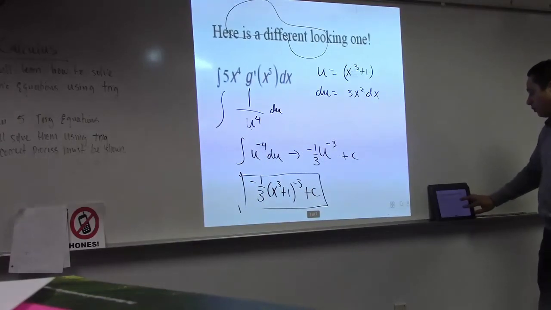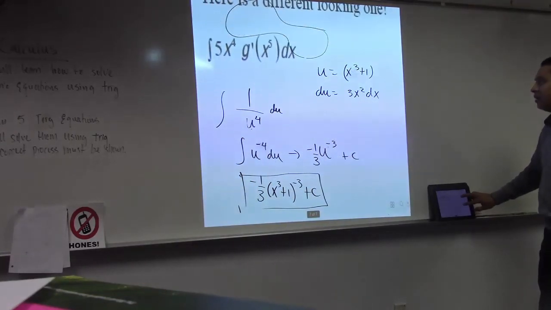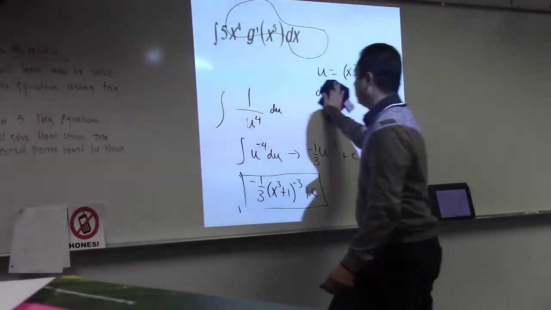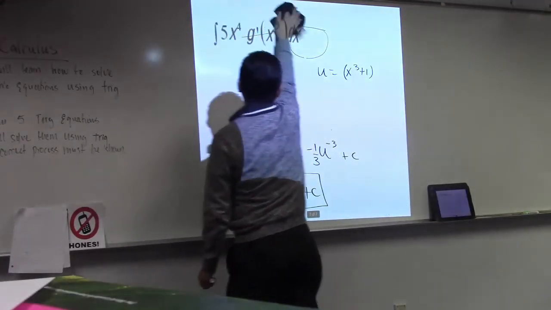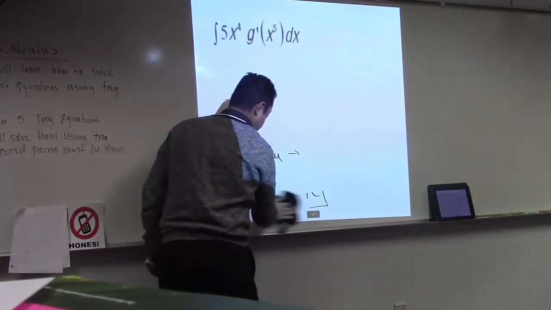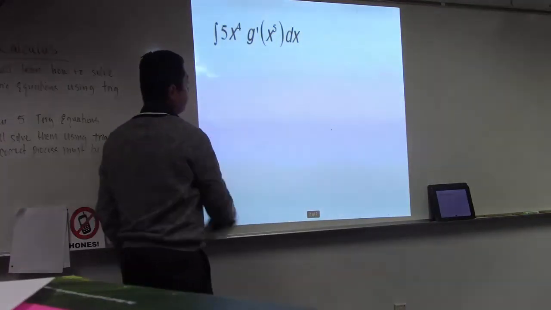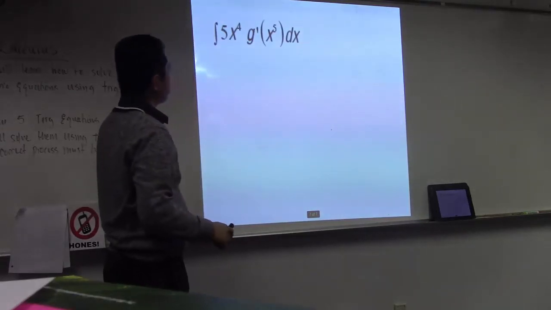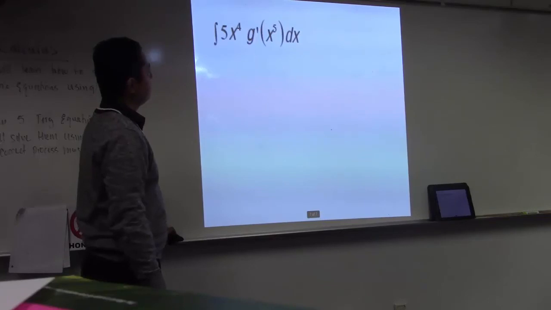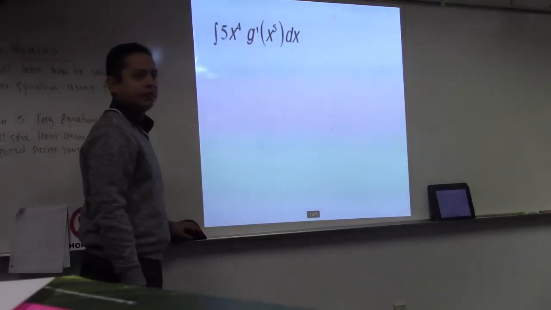In general terms, they love to test concepts with g of x's, f of x's, p primes, f primes, big F's, all of those. But as you can see, they look difficult, complicated, but they're really not.